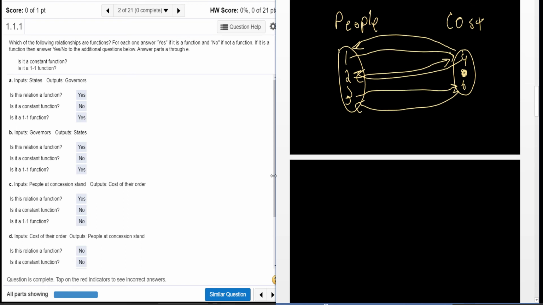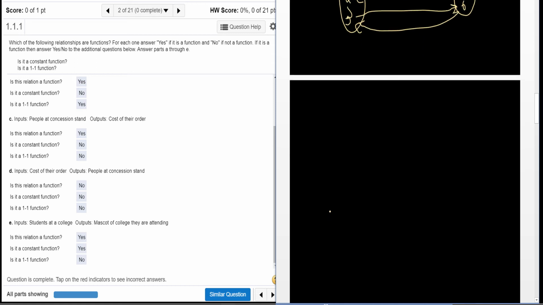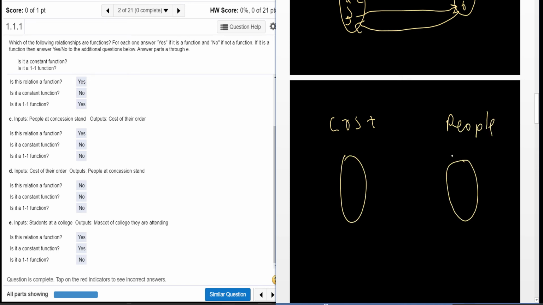Now let's look at another one here. In this one, they reversed it. They have the cost, and then they have the people. So you have the cost here, the people.